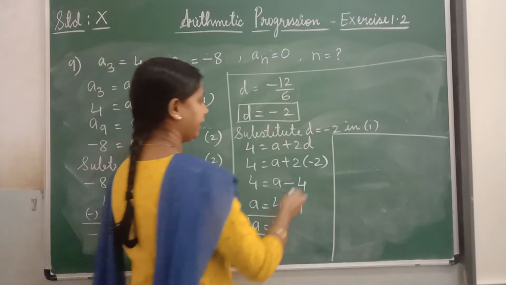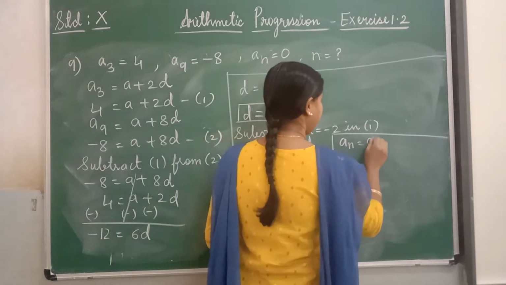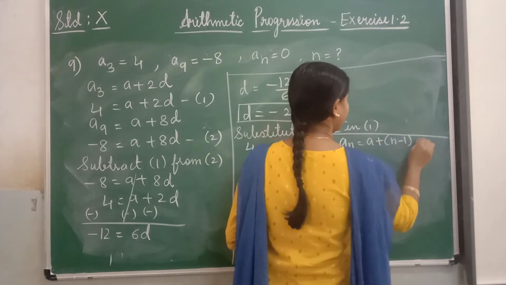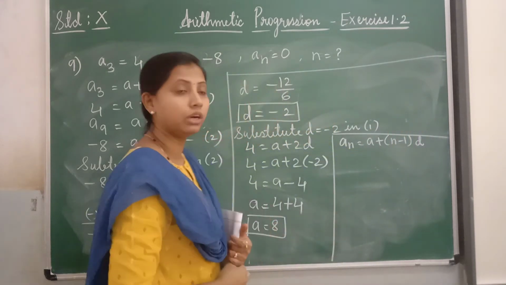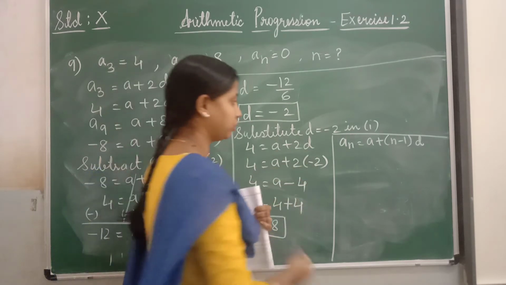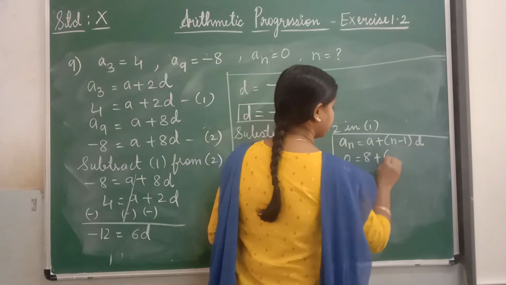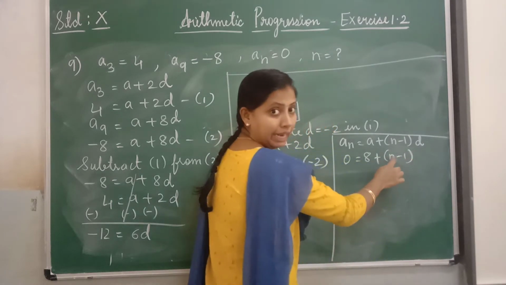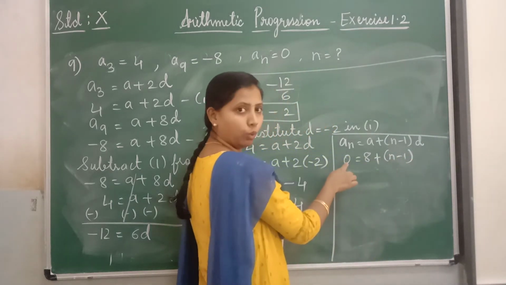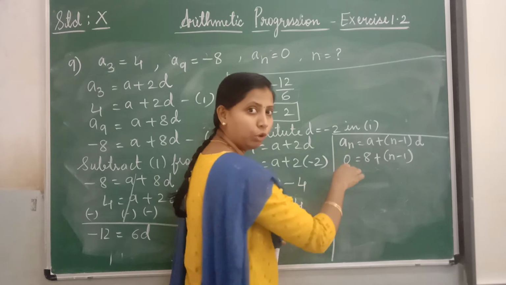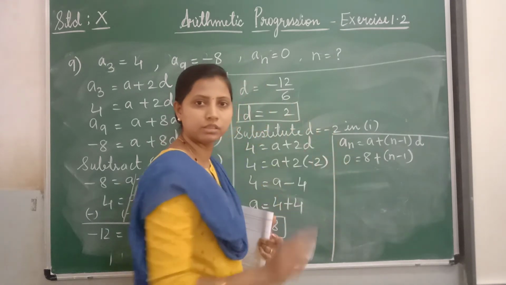So let's use An equals A plus n minus 1 into D. Which term of the AP is 0? So we have to take An as 0. A is 8. Here we have to find n. The n value will give you which term of the AP is 0.